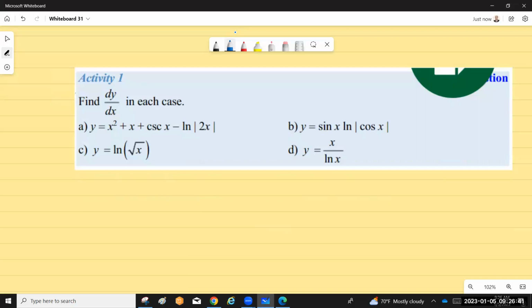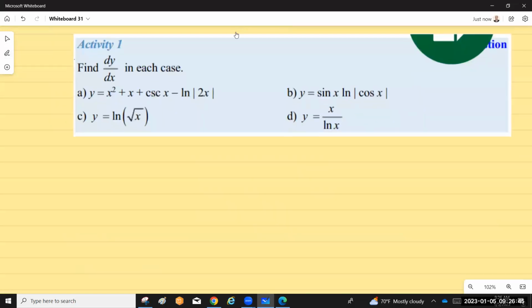Next question. I have some functions and I want to write their derivatives. Let me start with question A. I have y equal x squared plus x plus cosecant x minus len absolute value of 2x. The derivative will be y prime equal 2x plus derivative of x, which is 1, plus derivative of cosecant, which is negative cosecant x cotan x. You can find this from the formula booklet of derivatives of trigonometric functions.